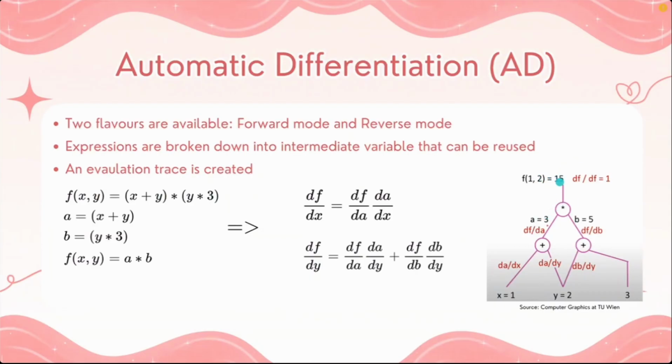From there you can basically trace back the derivatives. So the derivative of df with respect to itself is 1, and with respect to a, df by da essentially falls down to be y. So you go back from df, you find df by da, and then you find dx. And in case you want to find the derivative with respect to y, you go through b.